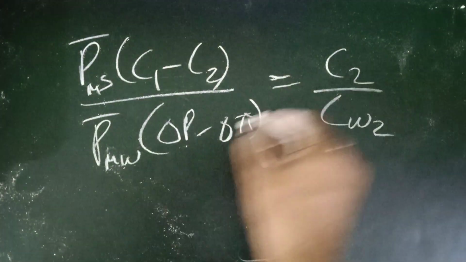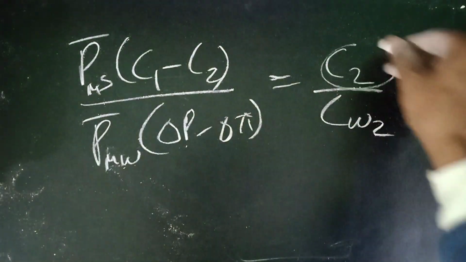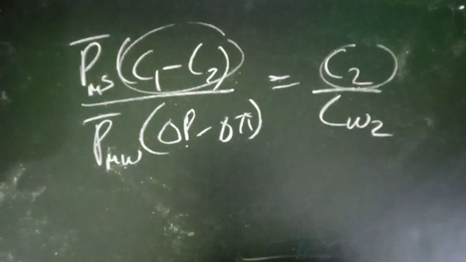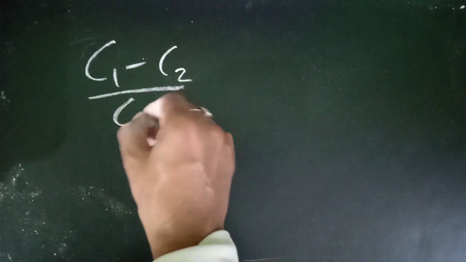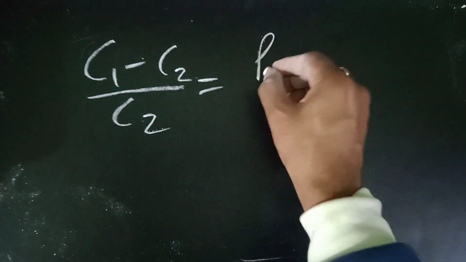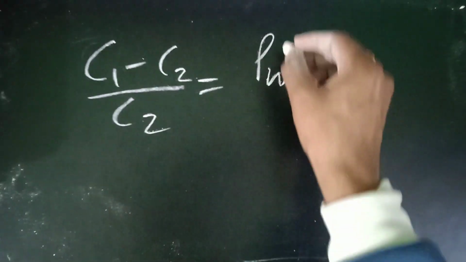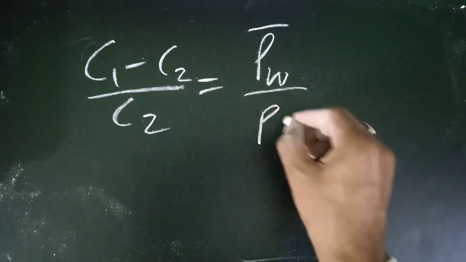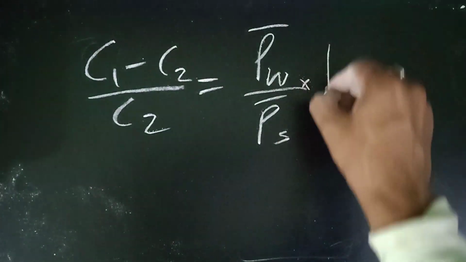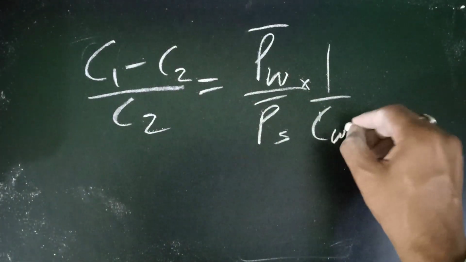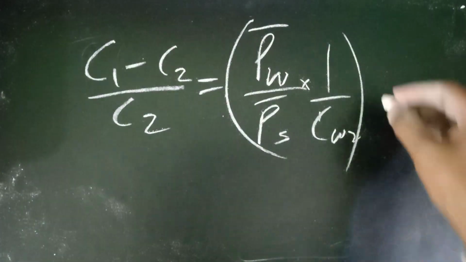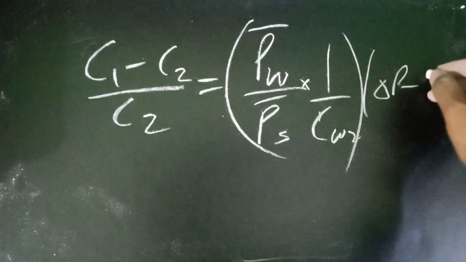Next we can rearrange, and what we find is that C1 minus C2 upon C2 is equal to Pw bar over Ps bar, into 1 upon Cw2, into delta P minus delta pi.